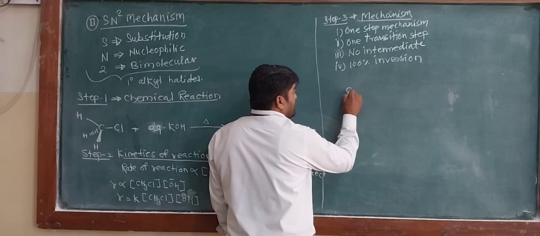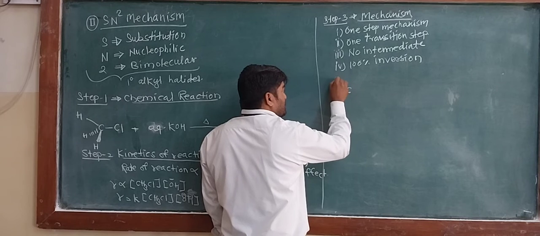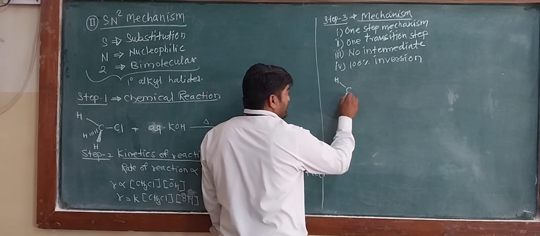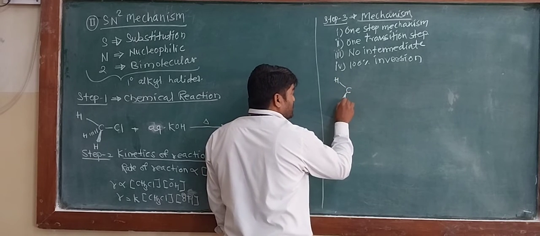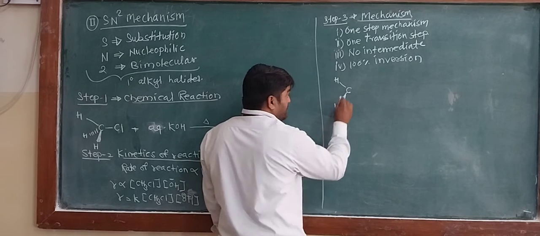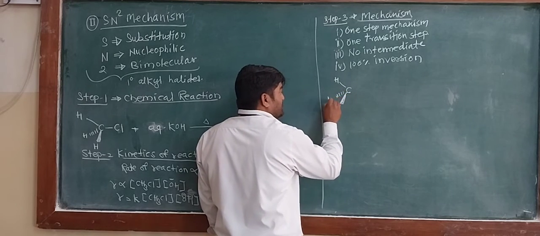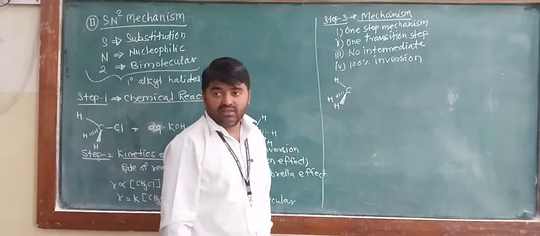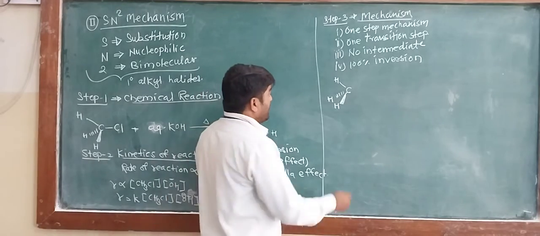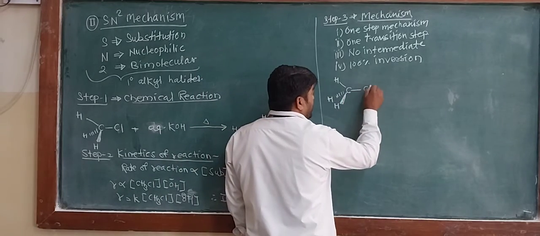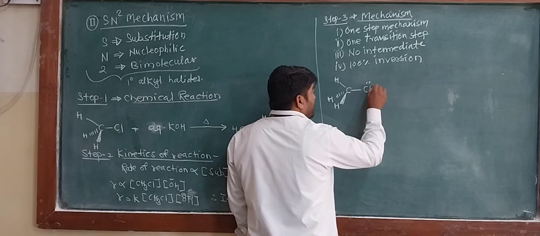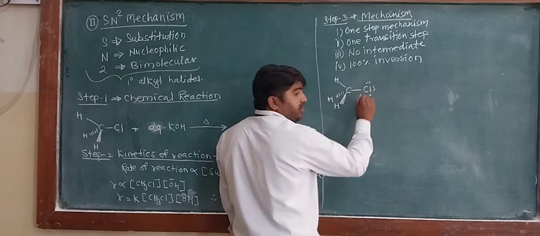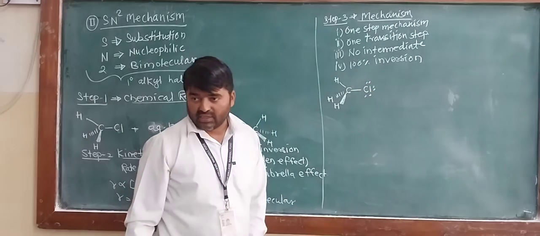On the carbon atom, there is a hydrogen in the plane, a front side hydrogen atom shown by the wedge line, a back side hydrogen atom written on the dash line, and here is the Cl, which carries 3 lone pairs of electrons.